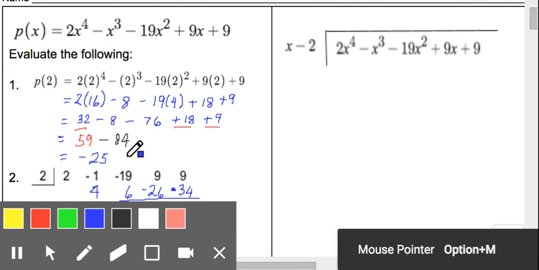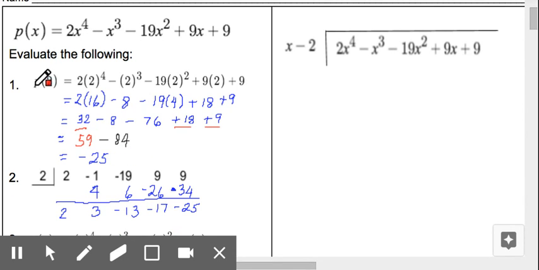So notice that when we did direct substitution, we found out that the value of P of 2 is negative 25. So number 1 showed us how to find the value of the function by direct substitution.